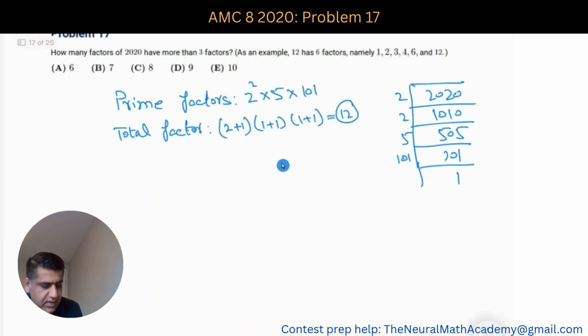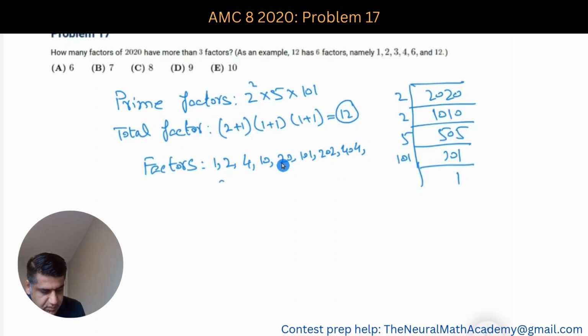So now I will write all those 12 factors, and from them I will find out which factors have more than 3 factors. So if I list down the factors of 2020, the first one is definitely 1, second is 2, 4, then I have 10, 20, 101, 202, 404.